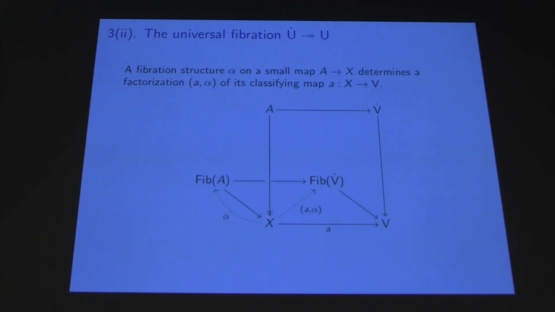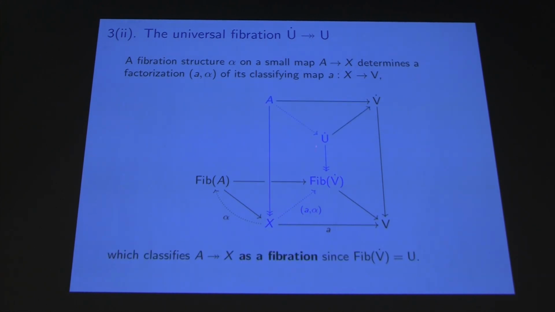So why is it universal? Well, if you give me any map, it has a classifying map to V. If it's a fibration, its type of fibration structures has a section, which gives me a factorization of this classifying map through the thing that this is a pullback of. But that is my claimed universal fibration.